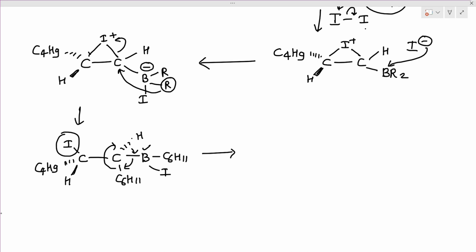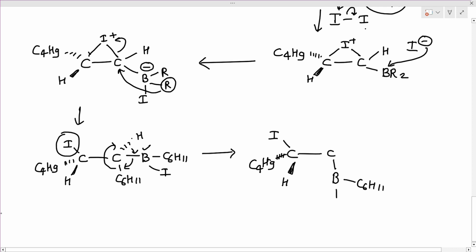So how can we write it? I, C4H9, this is hydrogen, and here on this side this is B, C6H11, I. This C6H11 will move here and this hydrogen will move here.